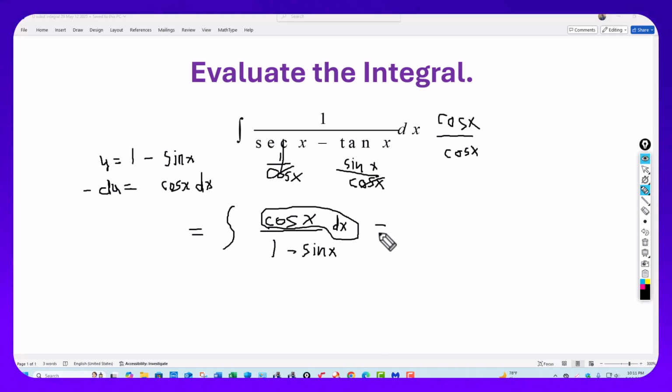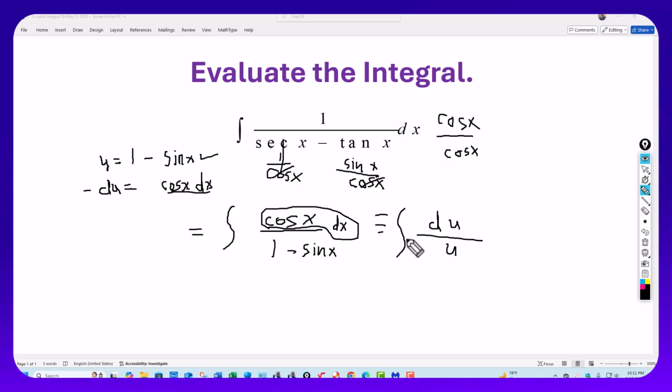So this is going to equal the integral of cosine of x dx, which can be replaced by minus du. I'll put the minus sign in front here. This will be du, and then the 1 minus sine of x over here, that's your u.